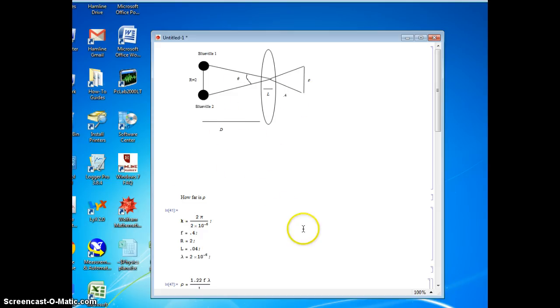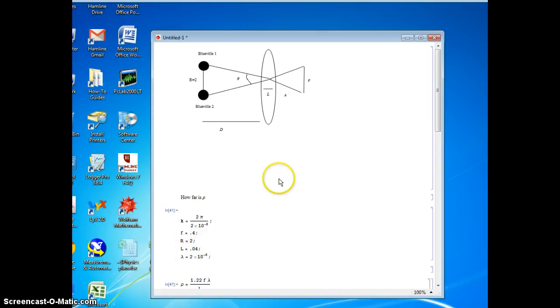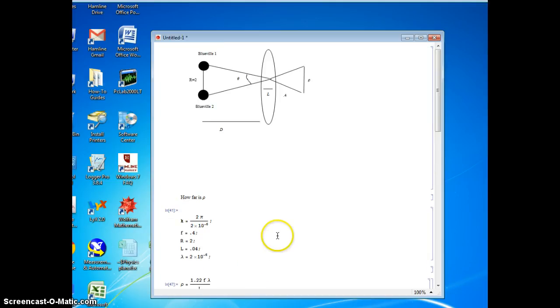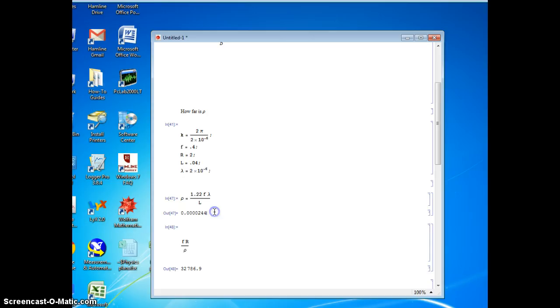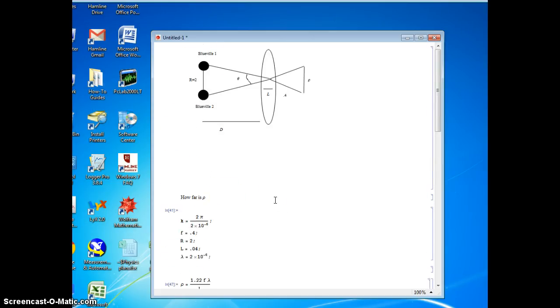F is the focal length, d is that distance, and comparing those, we get a distance to make this true in this crazy situation of like 32,000 meters. So that's how far apart we've got to be in this lens contraption. Very tiny rho and a very big D. So that is my submission for resolution.